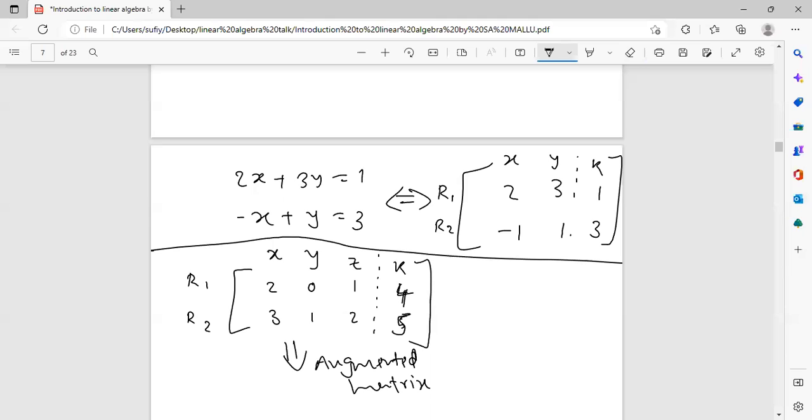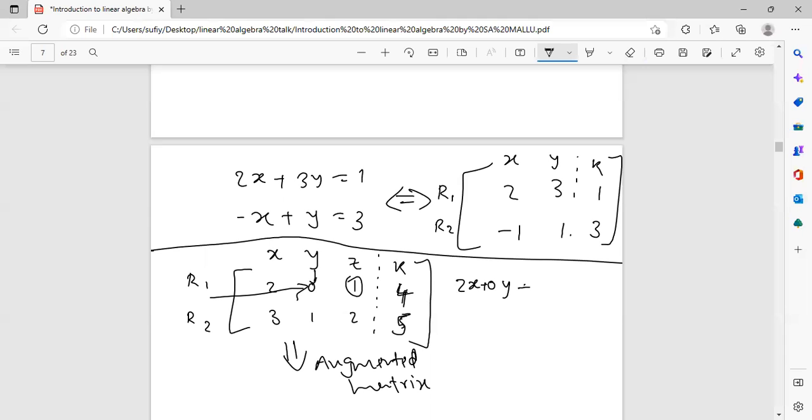One way to do this, as I said, remember row 1 represents equation number 1. So now we have x. The coefficient of x in row 1 is 2, so we know in equation number 1, we have 2x. In equation number 1, again, we're going to have 0y, because the coefficient of y in row 1 is 0. So we're going to have plus 0y. Now in row 1, in column z, we have 1.